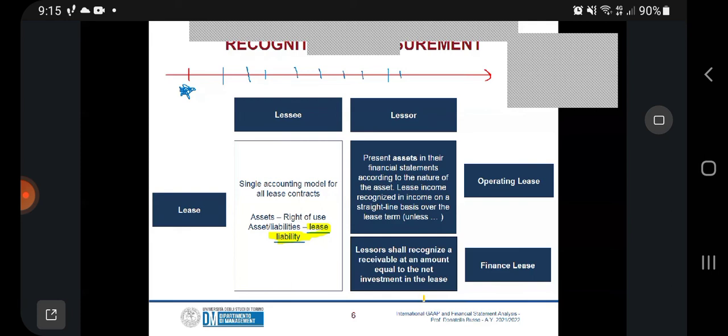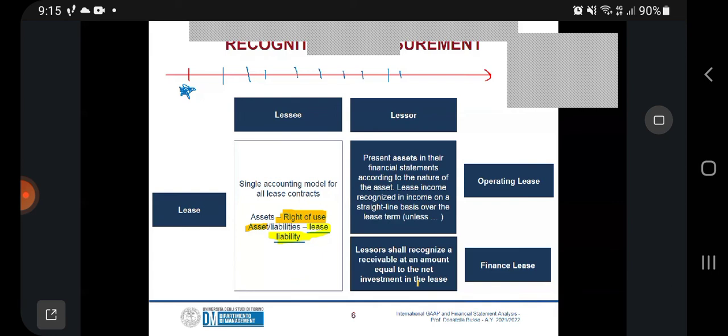The lessee accepts to have a debt towards the lessor for a reason, because the lessee is obtaining the right of use asset. The lessee, thanks to this contract, has the right to use an asset for a certain period of time.